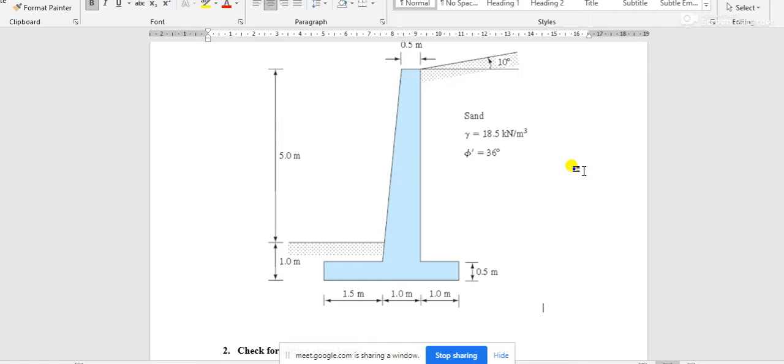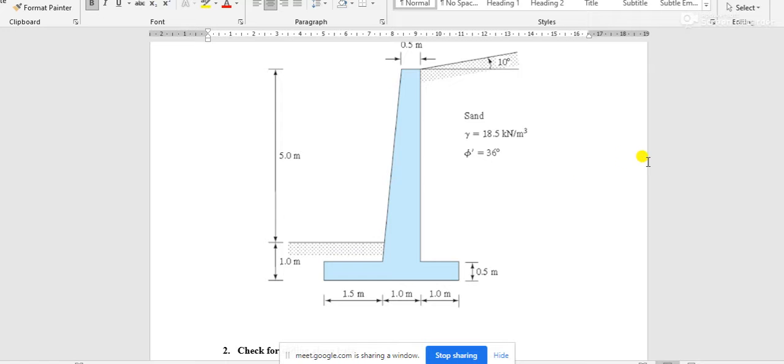First of all, you have to calculate the active earth pressure. You know the equation: Ka gamma H is the active earth pressure, and the active thrust or active load is half of Pa multiplied by H, which we have already discussed in the previous classes.